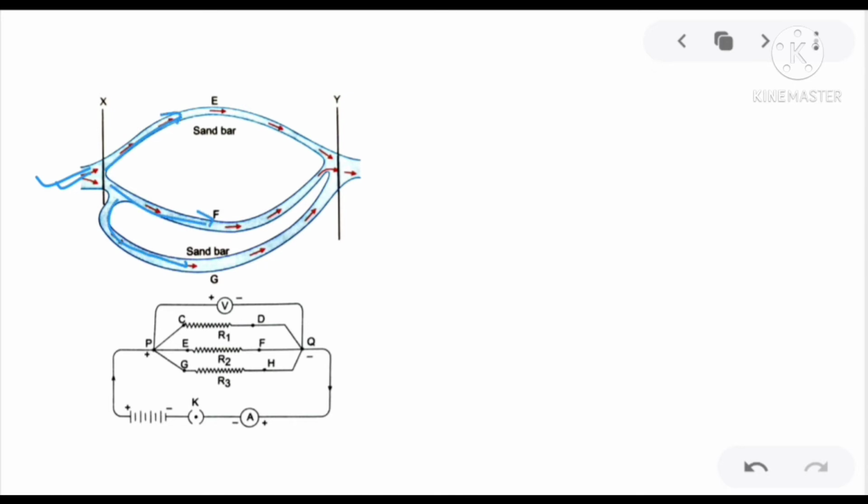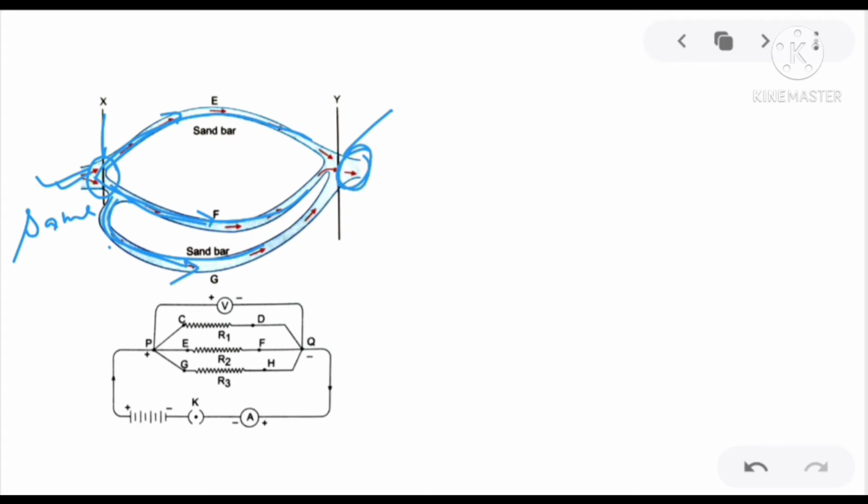Now at point X, the pressure of water for all the 3 paths is the same, isn't it? And at Y also the pressure of water is the same. Some water flows through this, some through this, and they again come to Y and combine together.